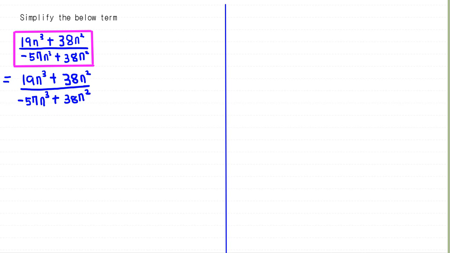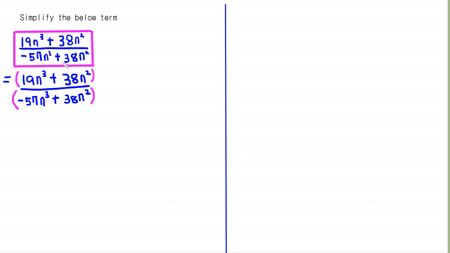A lot of people think that we can simplify 38 times n squared and 38 times n squared right over here. But we can't, because these terms have parentheses around them.